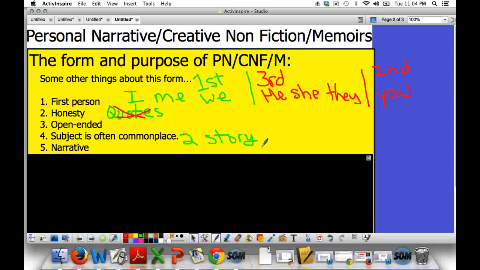Does that make sense? I hope that makes sense. So you're going to have two characters that are you. You're going to have the 17 or 18-year-old you, and the 5-year-old you or the 10-year-old you, or maybe the 16-year-old you. Maybe yours was just last year. And so there's two stories going on.